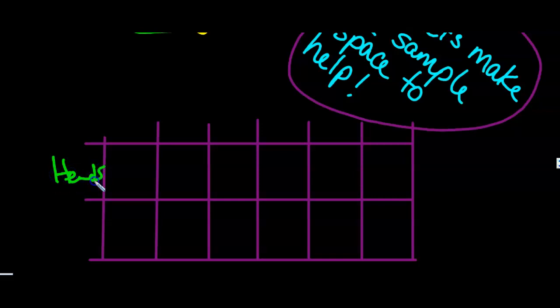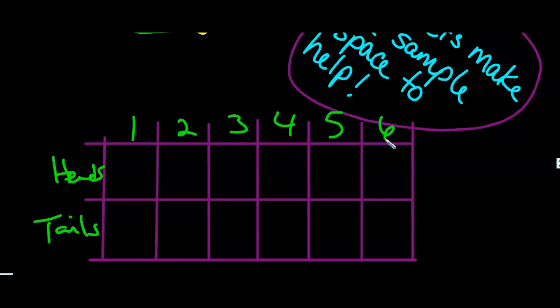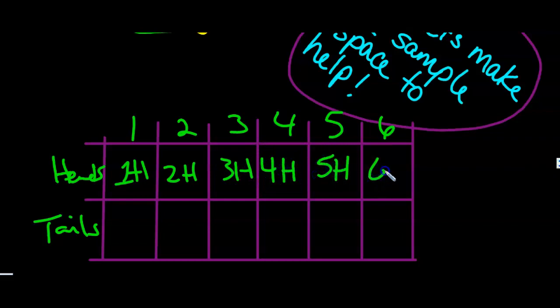The coin could be heads or tails. When we roll a number cube, we could get 1, 2, 3, 4, 5, or 6. 1 heads, 2 heads. So we're really just laying out all of the possible combinations of these two events.